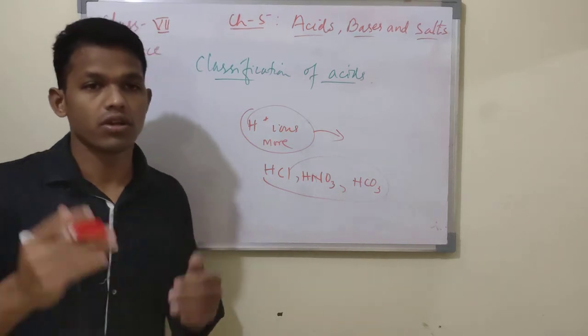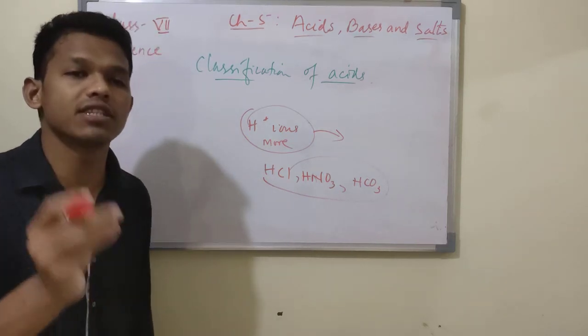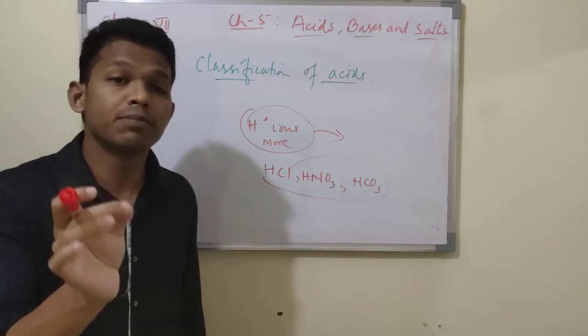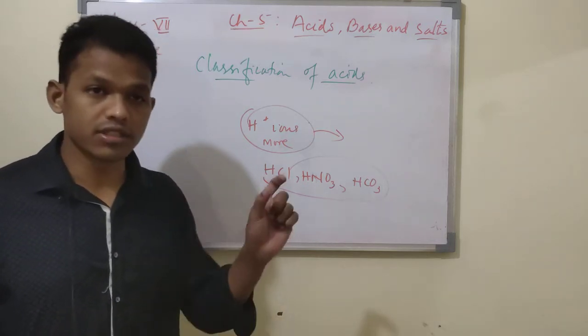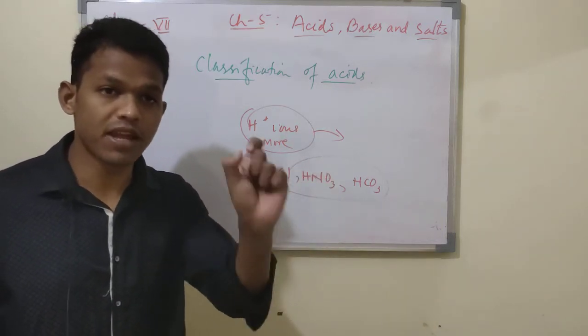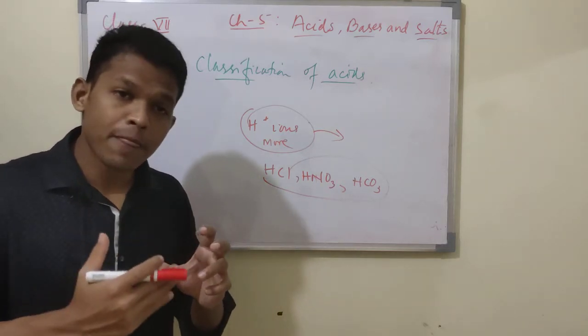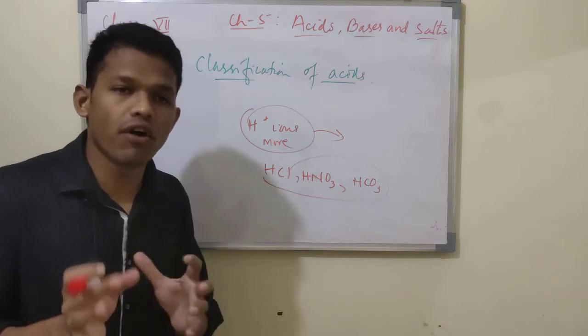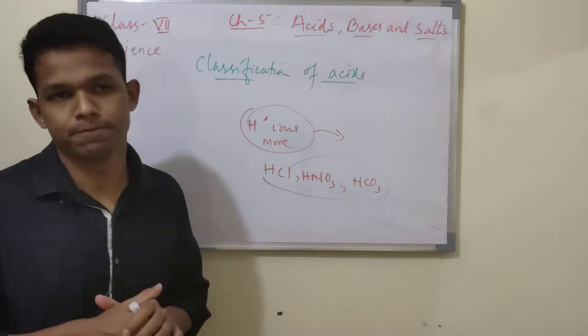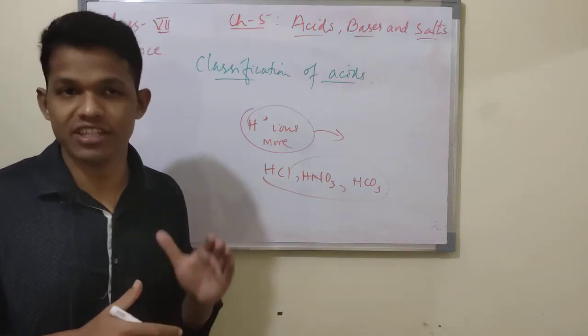And next we studied dilute acid. Dilute means it is made weak. Can a concentrated acid be made weak? Yes, by adding a calculated quantity of water to that acid. We can make it dilute little by little.